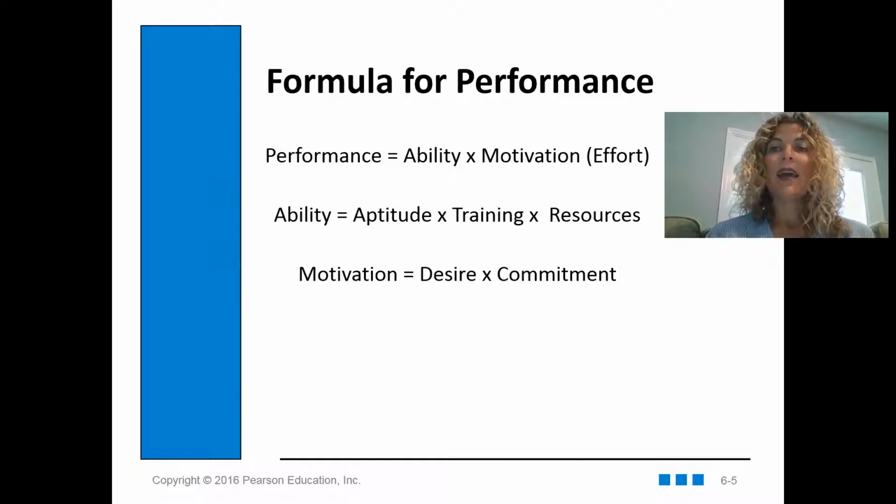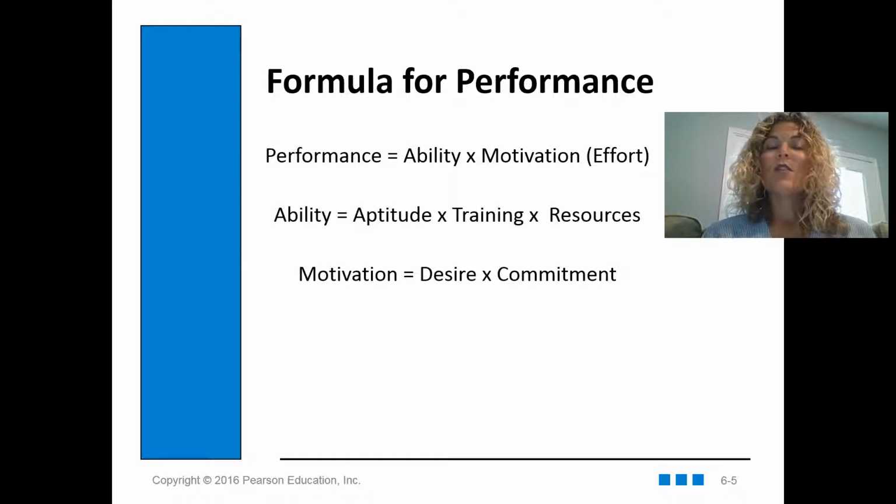What's impacting this employee's performance, or maybe the entire group of employees' performance. If we break those down a little bit further, ability is aptitude, which is the knowledge that you bring with you to the job, training that's been provided for you for this particular job, and the resources that are available. Again, those three things combined make up your ability, right?